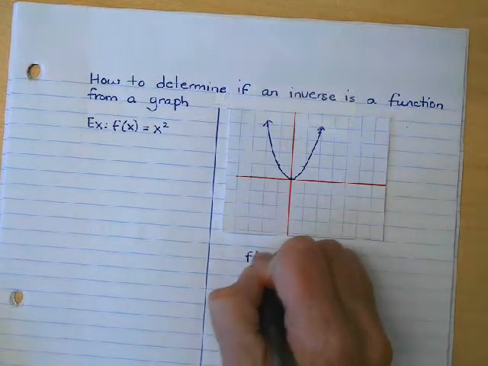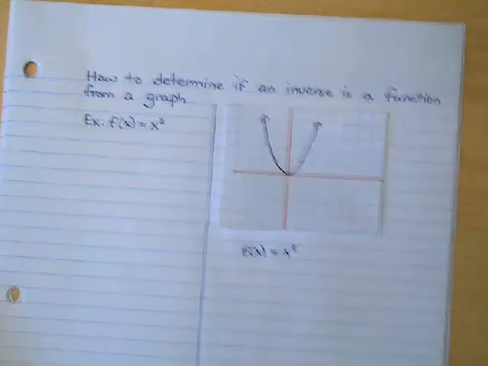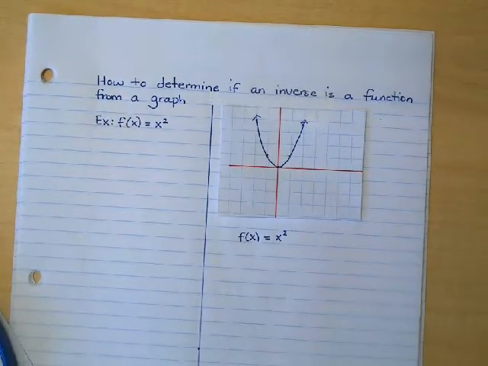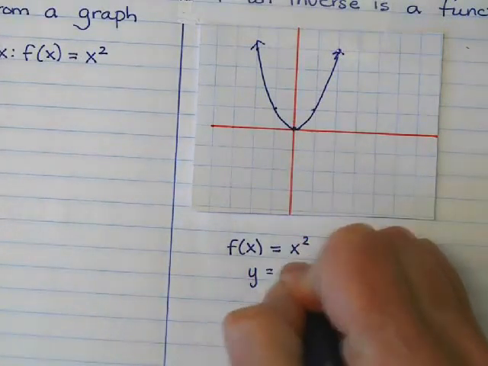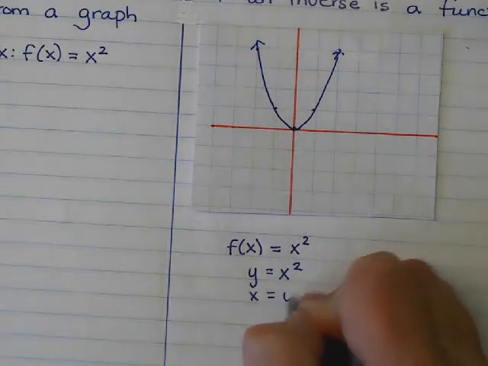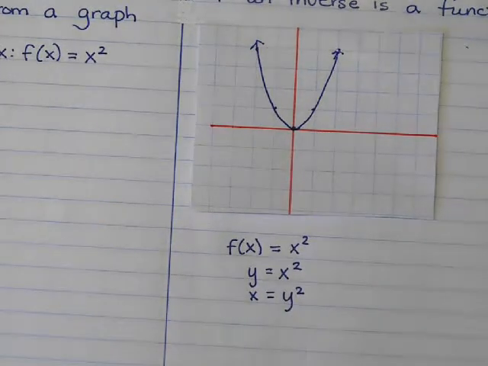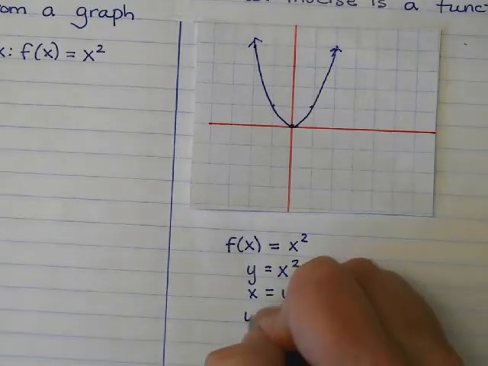Okay, so if f of x is x squared, then that means that y equals x squared, and x equals y squared. And we know to get rid of a square, we can take the square root.